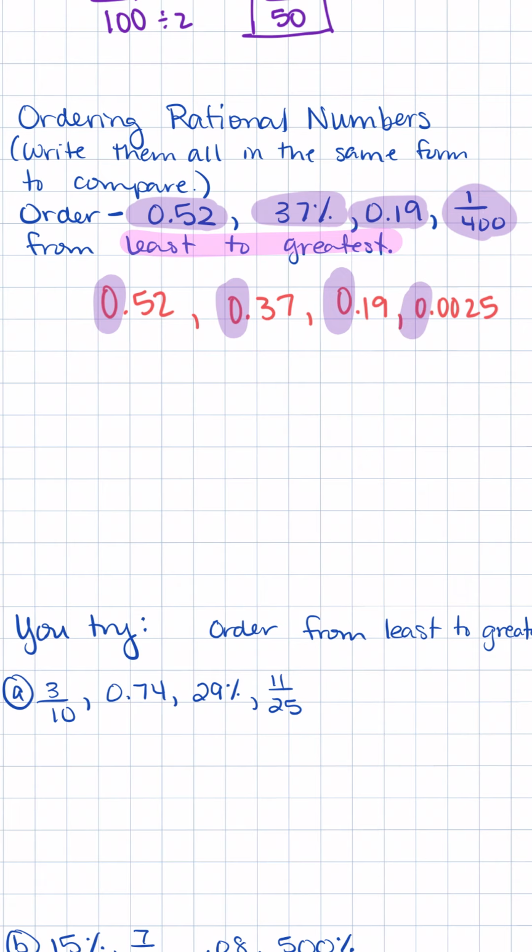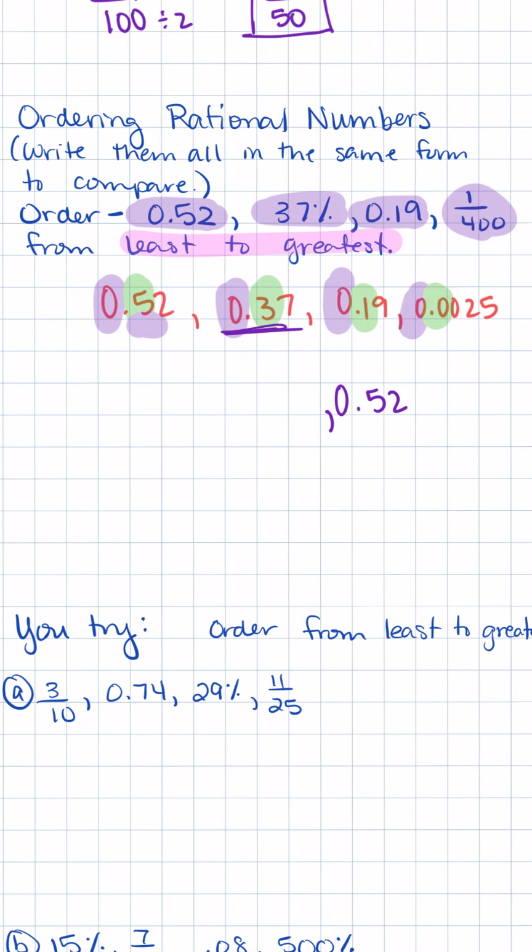A number in the 10th spot, we have a 5, a 3, a 1, and a 0. Well, we can just look right at those and know then that this one is the biggest because 5 is the biggest number. So it's going to be over here, 0.52. And then the next one is going to be the 3.